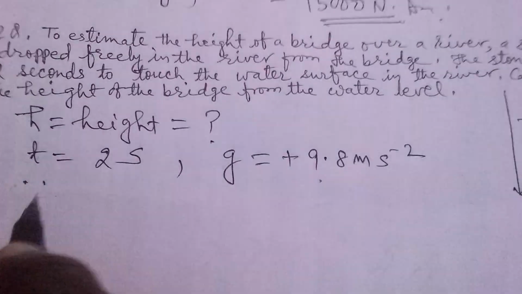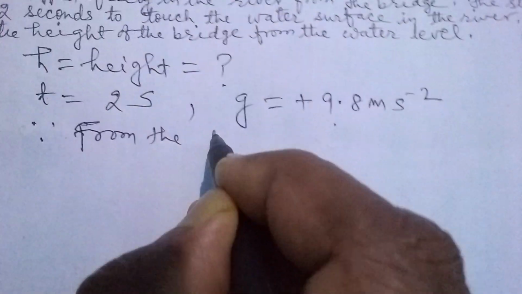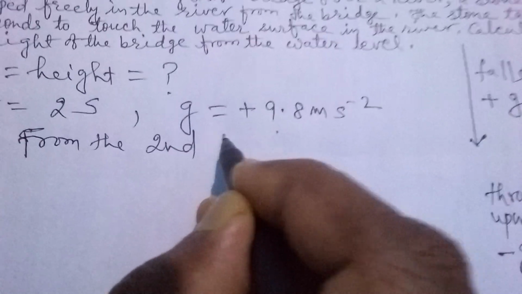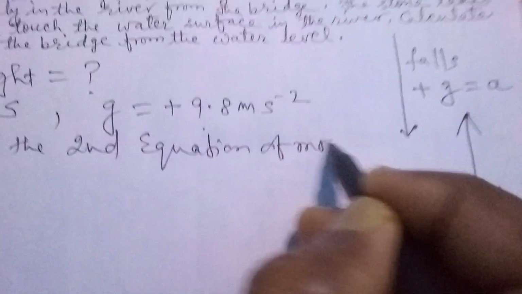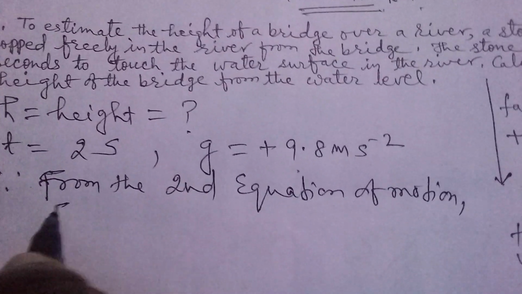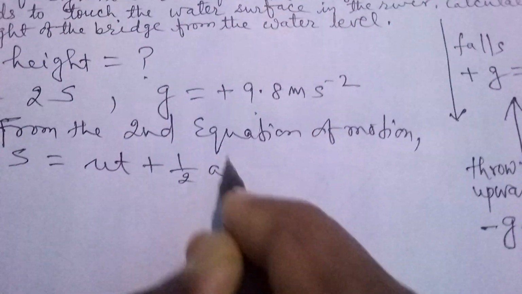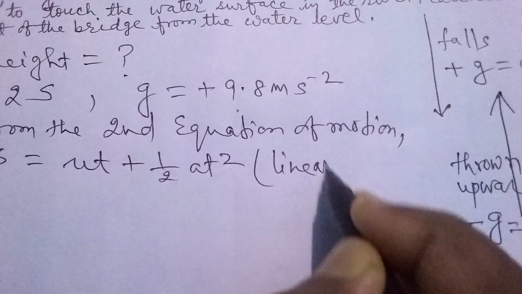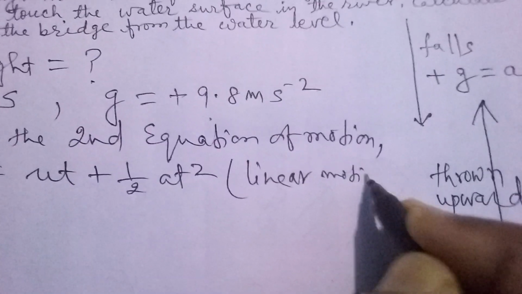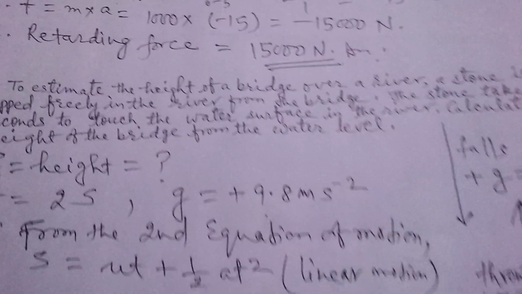And since from the second equation of motion, we know that s equals ut plus half at square. This is for linear motion. But in this case, the body is falling from up.